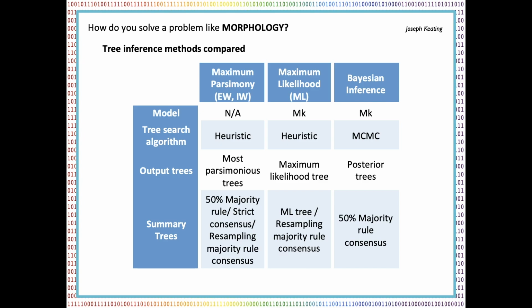Maximum likelihood finds the single tree with the maximum likelihood score, and the Bayesian MCMC algorithm produces a posterior sample of trees. Most parsimonious trees are typically summarized using a strict or majority rule consensus tree or a resampling consensus tree. Maximum likelihood analyses typically report the maximum likelihood tree or a resampling consensus, and Bayesian methods typically report the majority rule consensus tree.